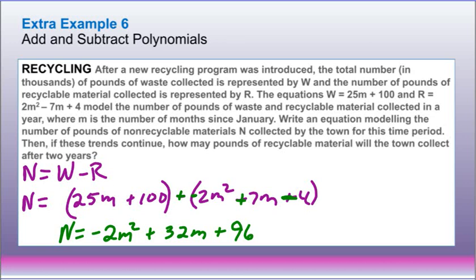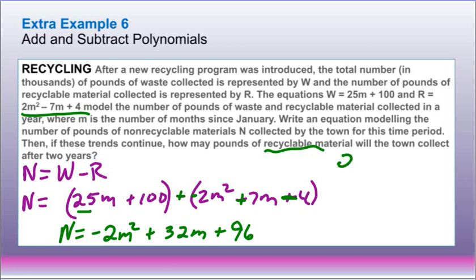And now we have to determine, if the trend continues, how many pounds of recyclable material will the town collect after 2 years. Since we're only looking at recyclables, I'm going to use the R. In 2 years, M stands for months, so that would be 24 months.